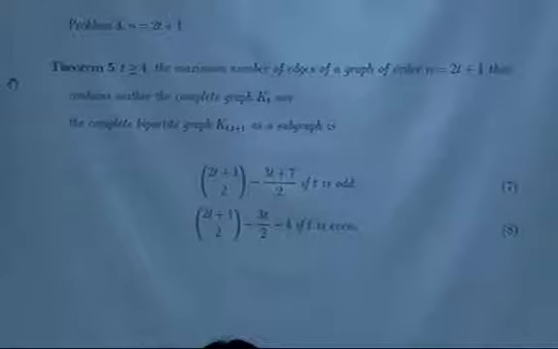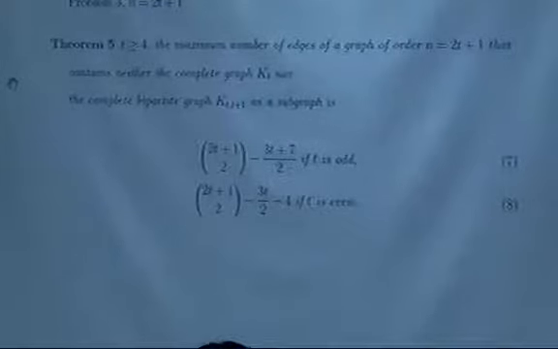And that was their answer. And my problem: G does not contain K_t nor K_{t, n minus t}, especially when n is 2t plus 1, G does not contain K_t nor K_{t, t plus 1}.